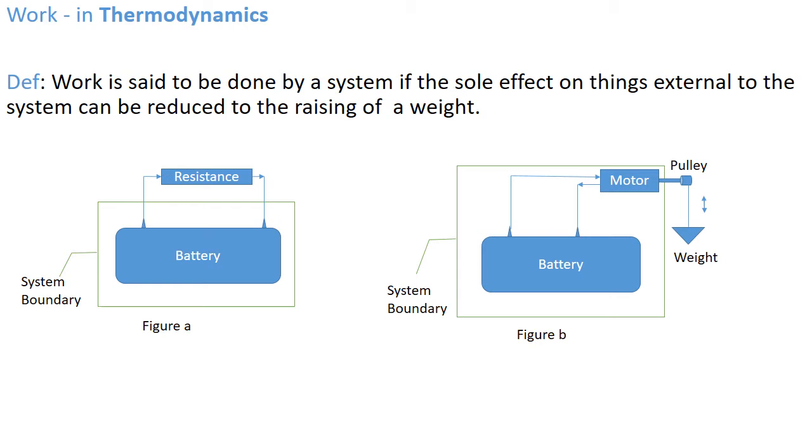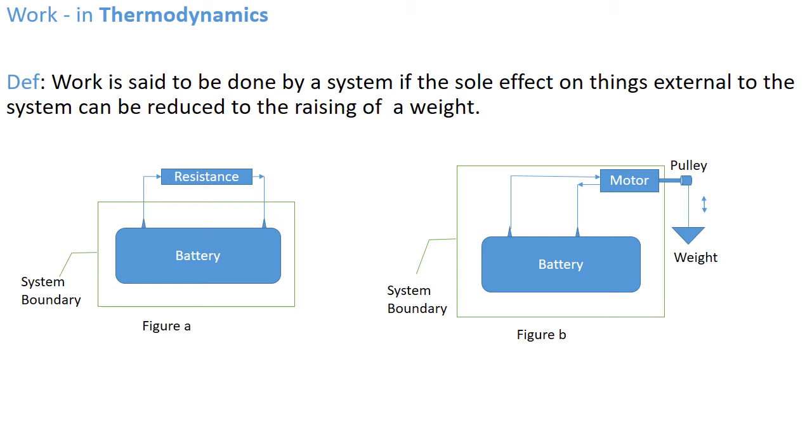Now let us consider figure B. In this figure, the resistance is replaced by a motor. The motor draws the same amount of current as the resistor, and the motor is attached to a pulley and a weight. When the switch is closed, the motor runs and the weight is raised.